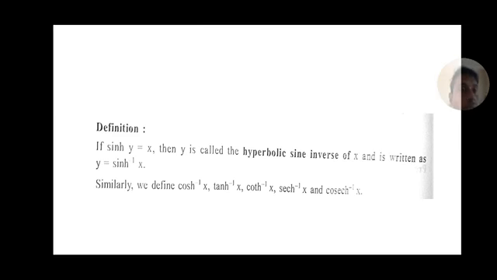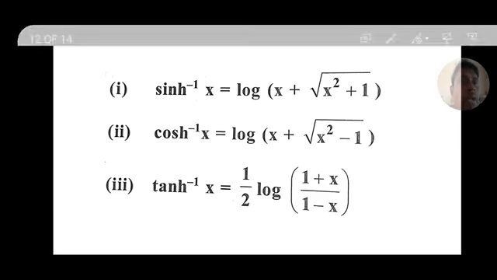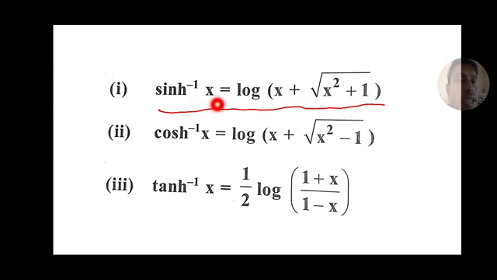Next, for inverse hyperbolic functions we have formulas. Remember these formulas in terms of logarithm. sinh inverse x equals log of x plus square root of x square plus 1. cosh inverse x equals log of x plus square root of x square minus 1.